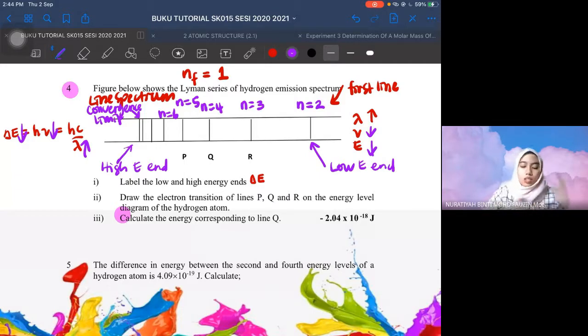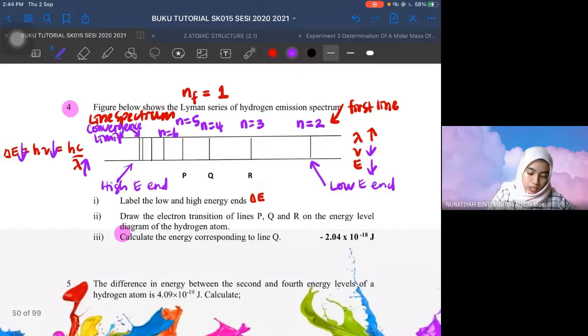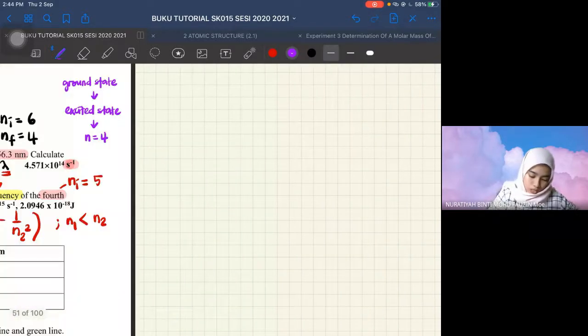Now we know the n initial. So can we draw the electron transition of lines P, Q and R?